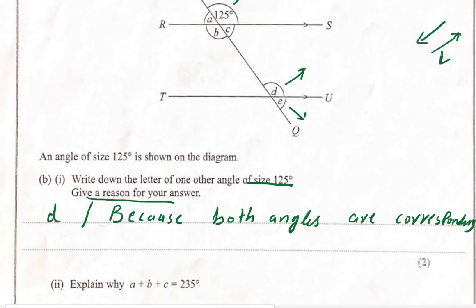Now we have a second part as well. He's asking to explain a plus b plus c is equal to 235. So you can see here, this is the circle. Do you know, guys, the angle in a circle is equal to, you got the answer, 360.